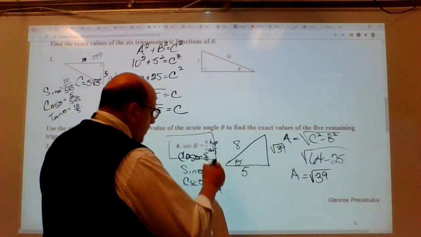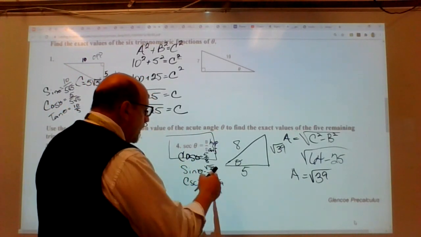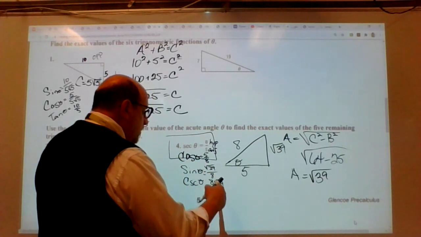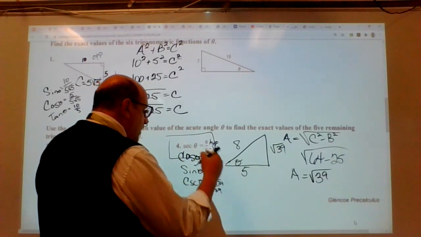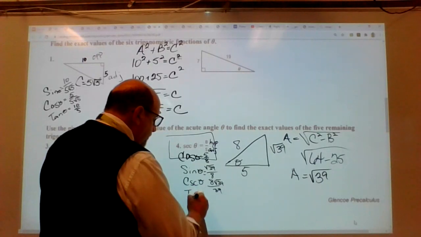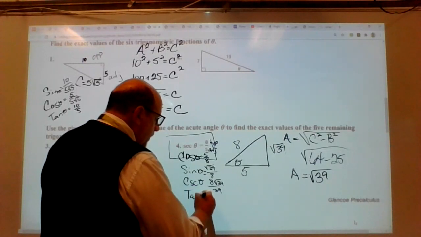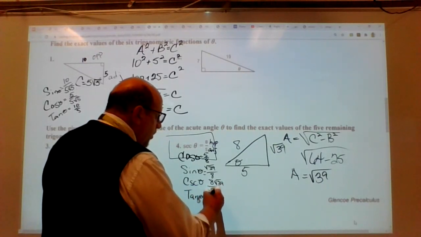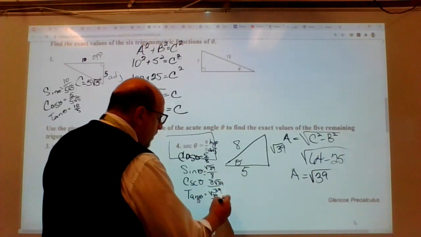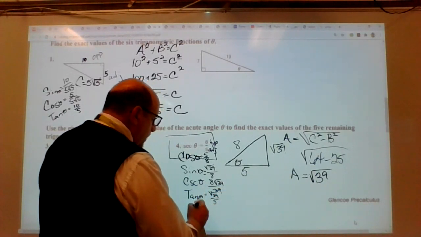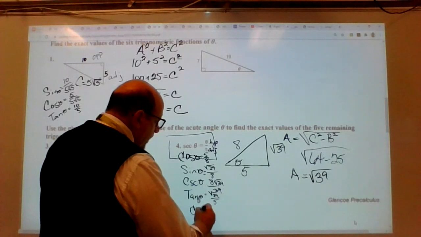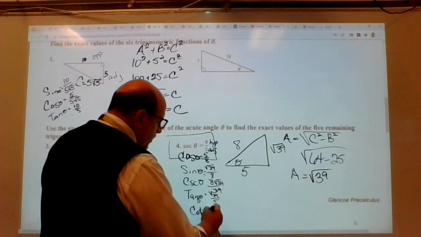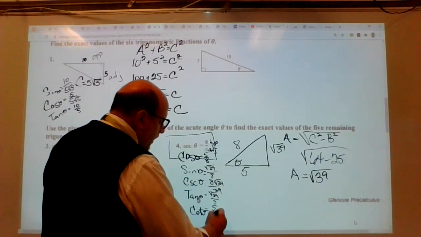But that's the way it goes. All right, and then we know the tangent would be opposite over adjacent. So tan of theta is equal to root 39 over 5. And cotangent, here we go again. Cotangent of theta is equal to 5 over root 39.